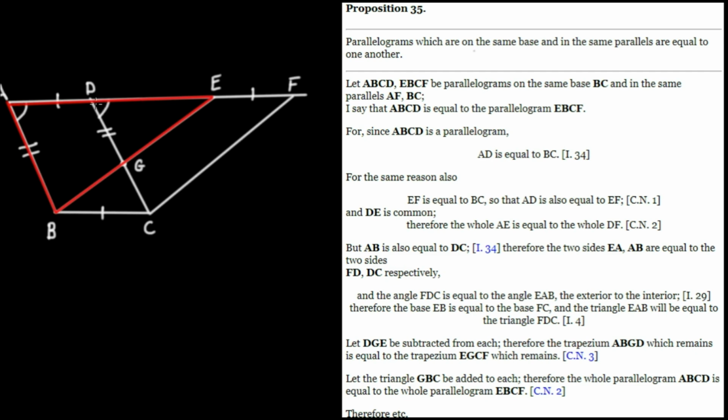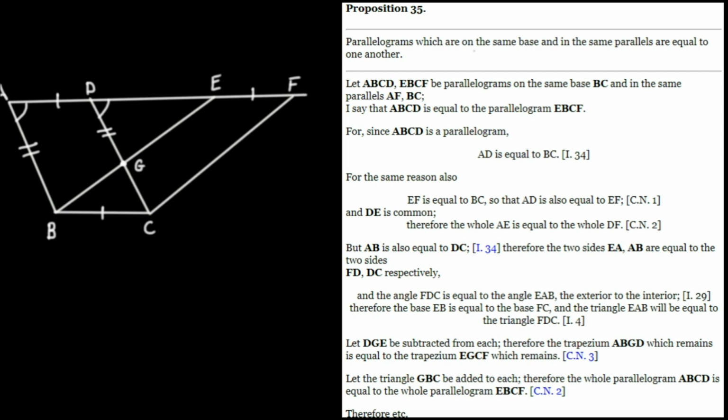So therefore, we're going to use side angle side, Proposition 4, to conclude that these two triangles must be equal. And we make our usual inferences from that. And we conclude that the base EB is equal to the base FC. So I'll remove that. So what do we have at this point?